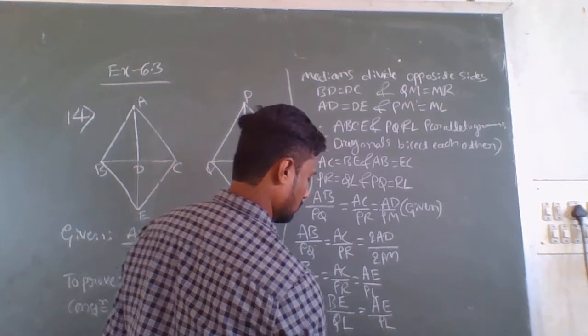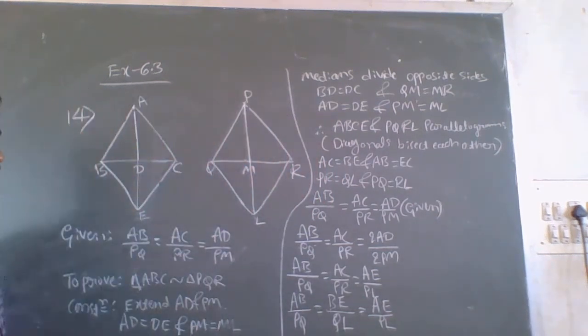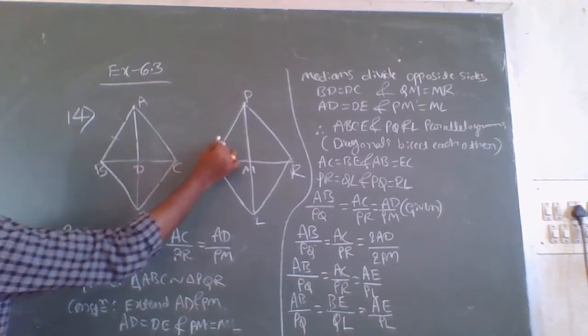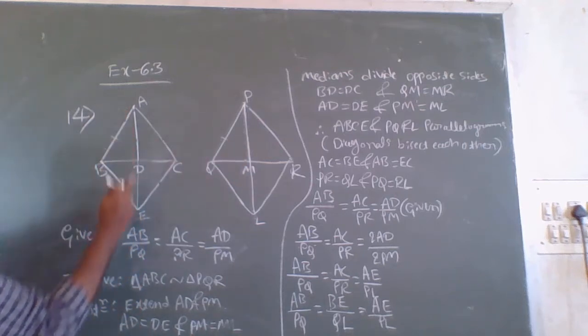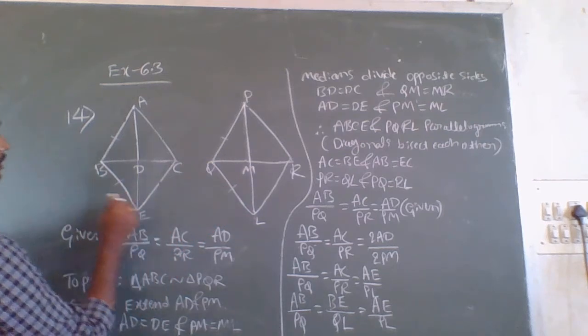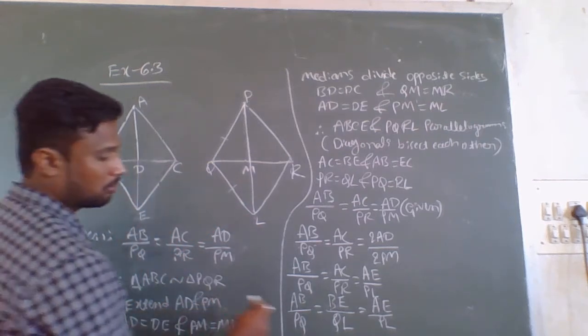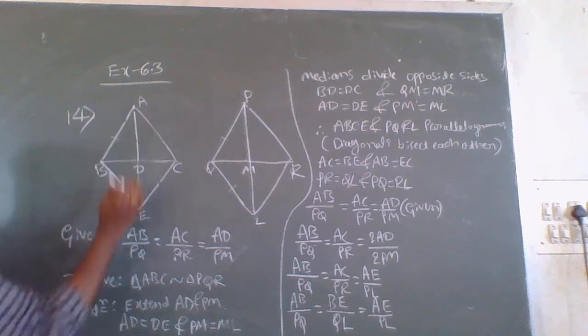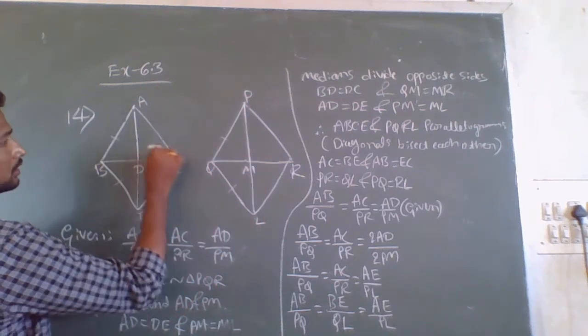See here, what are the sides? AB by PQ means these two sides, and BE by QL means BE and QL, these two sides, and the remaining AE by PL means this side.